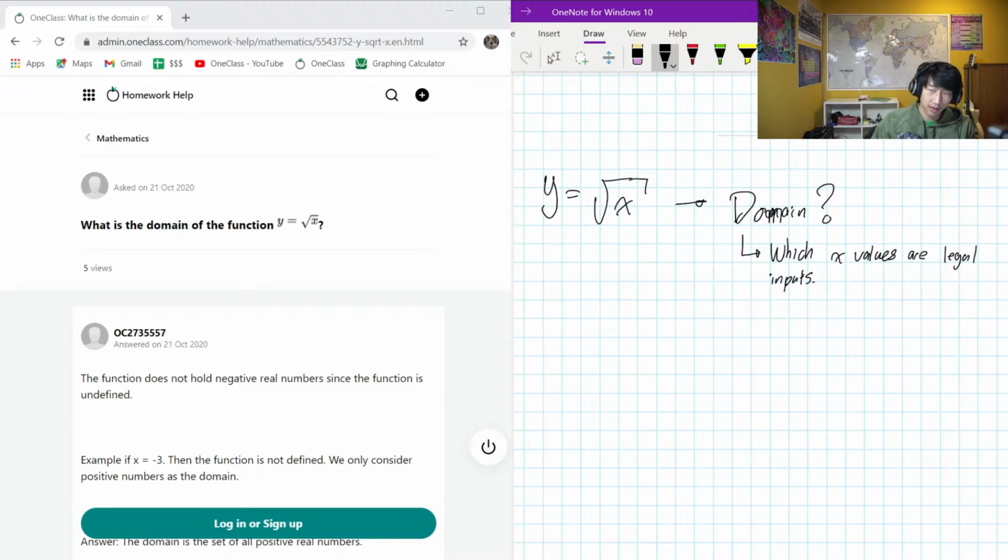And let's think about this, okay? So the x has to be under the root, right? And we do not have any mention of complex numbers, so this seems to be just a real number situation.